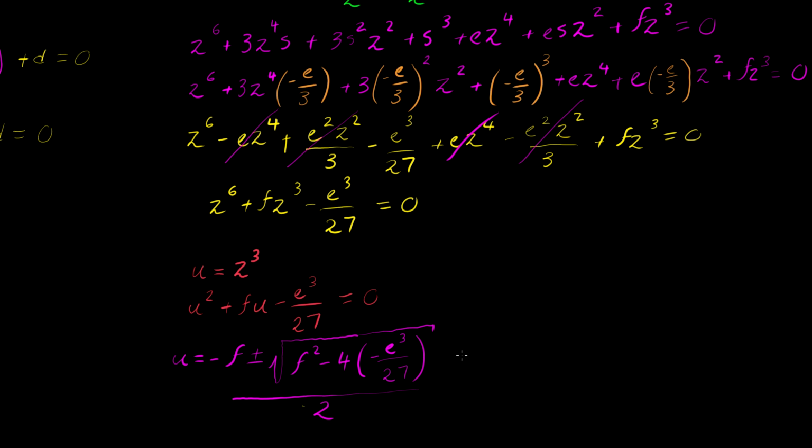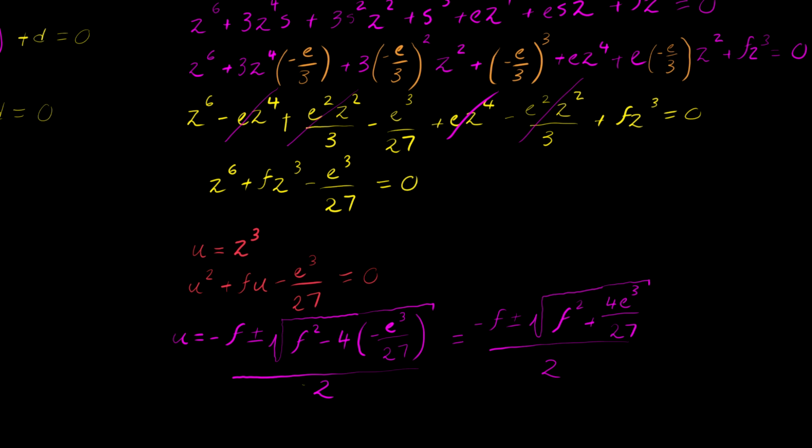So let's simplify this a bit. We're going to be left with negative f plus or minus the square root of f squared, and now we're just going to have a plus here, plus 4e cubed over 27, and all of that we're going to divide by 2. And now we can simplify this a bit further.